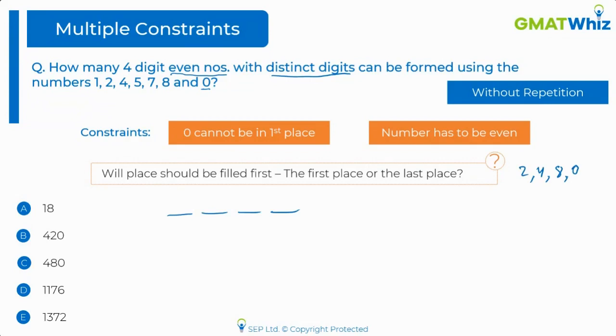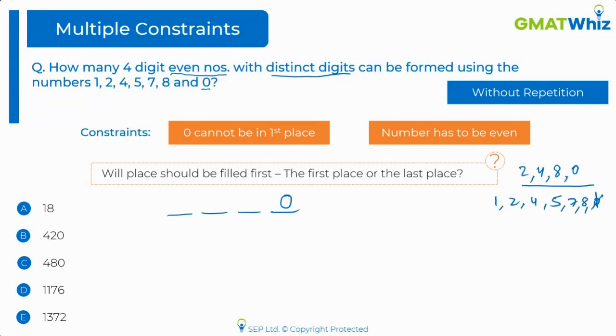But here is where things get interesting. Out of these 4 numbers, there is one number which is special. 0 is a special number because 0 has a constraint with it. If I end up using 0 in the last place, then for the first place, I have more options available. Think of it this way. Let me write all the numbers here. 5, 7, 8, and 0.